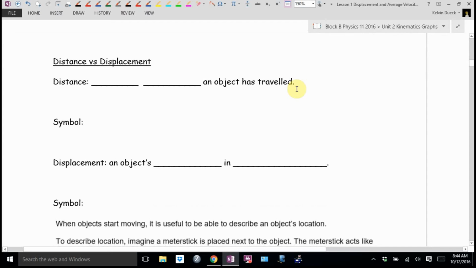Distance versus displacement. Distance is how far an object has traveled. The proper symbol for distance, and this comes to us from Sir Isaac Newton, from a Latin word, is a lowercase s.